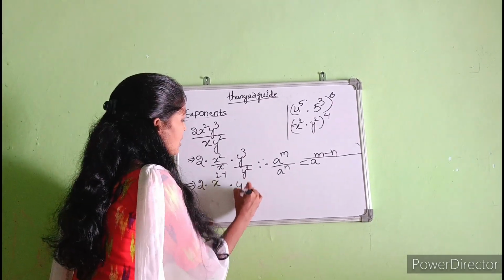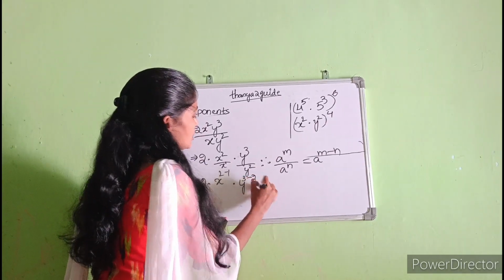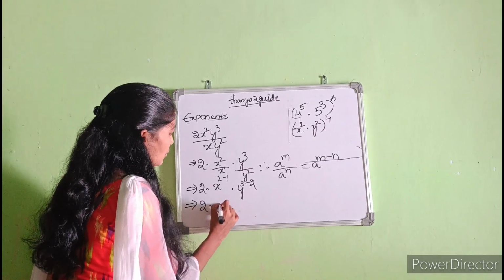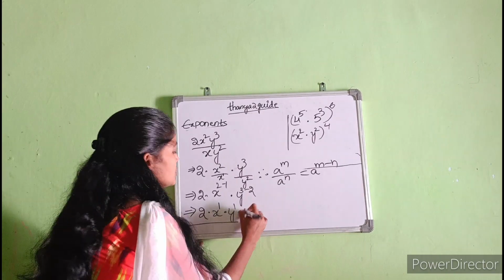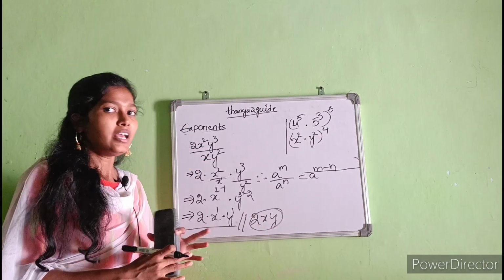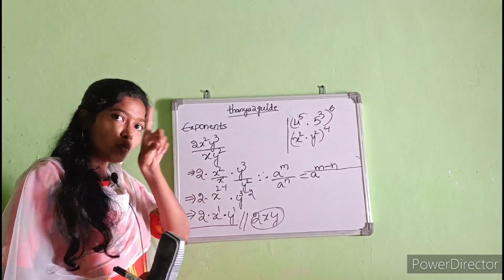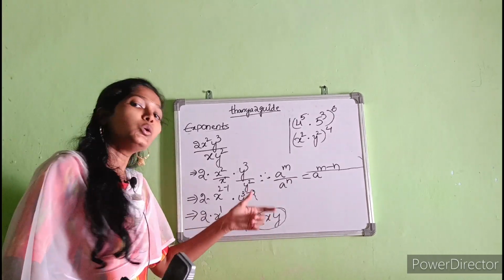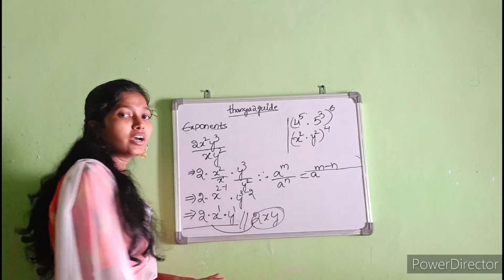Now, y to the power of 3 minus 2, that is nothing but 1. So, finally, what will we get, my dears? 2 into x to the power of 1 into y to the power of 1, or else you can write 2xy, which is also the correct answer. In two ways you can write. As I said, if nothing is there, we can consider 1 as the power. So 2xy is also the answer. In your examination, you can write it in either of these ways.